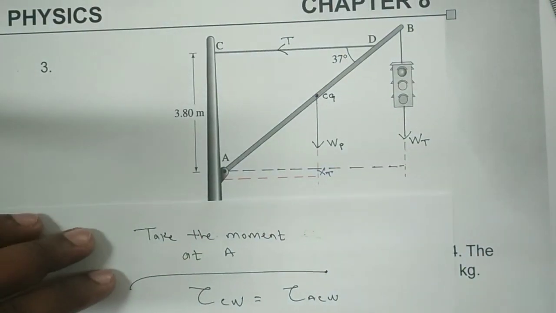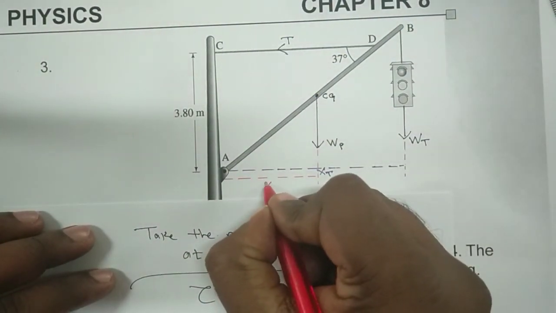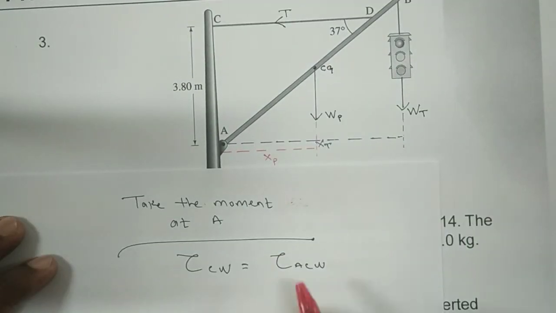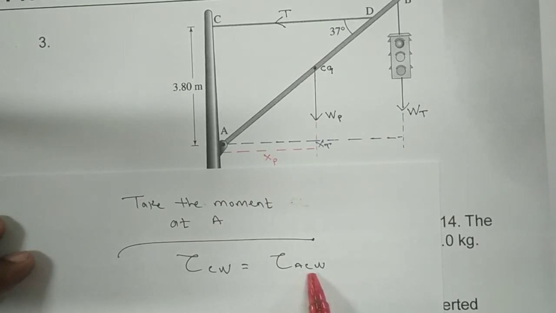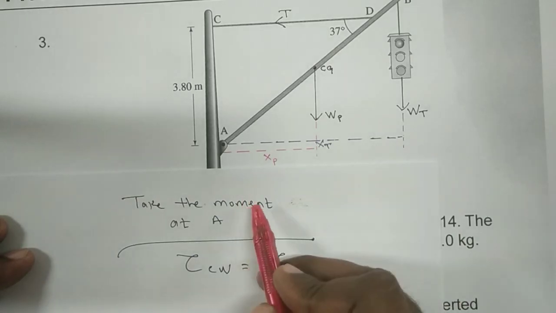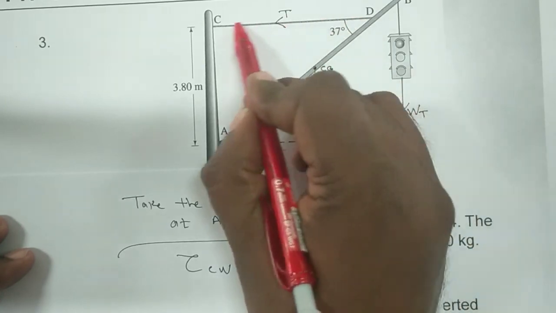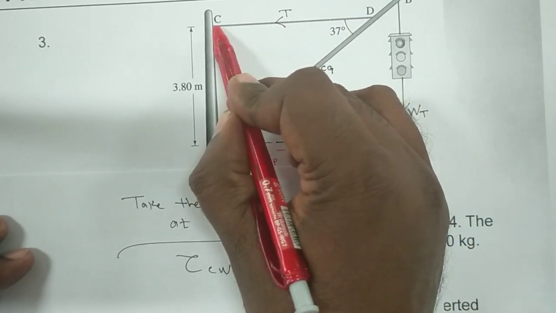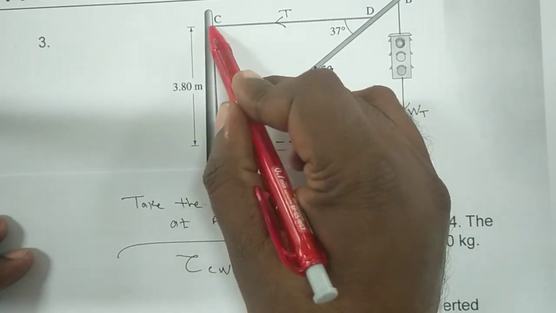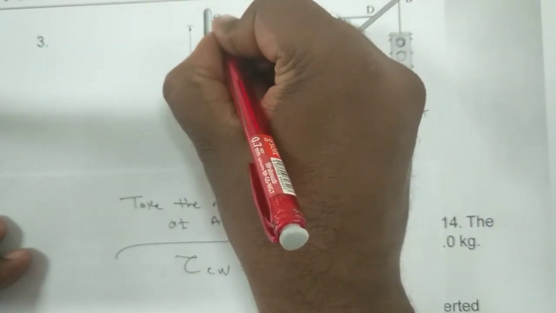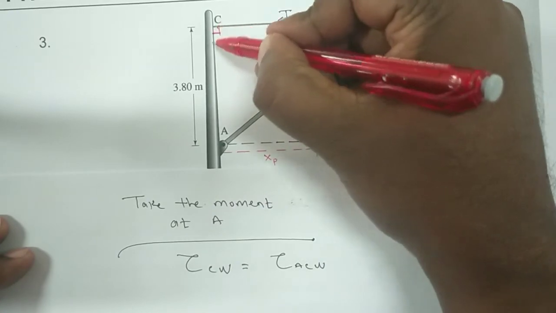We take it as xp, whereas torque for anti-clockwise direction, the only force is the tension of the cable times perpendicular distance of 3.8 meter.